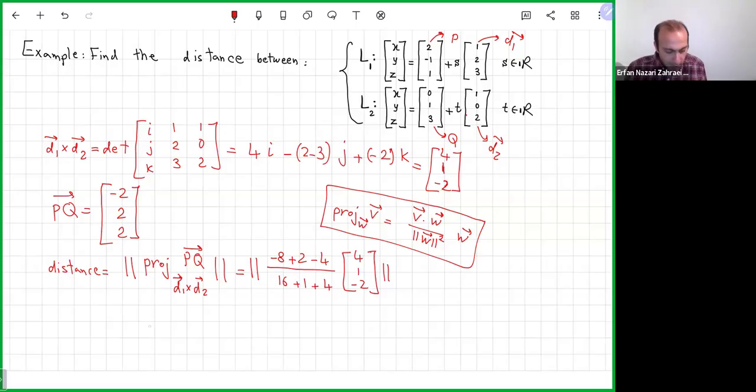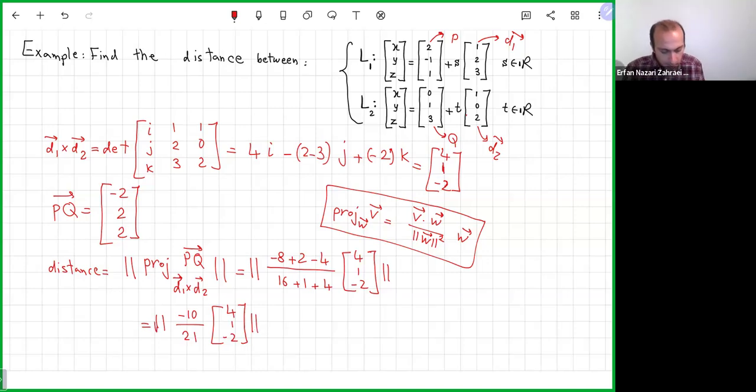Okay, good. Now I compute the length. First simplifying this, you get negative 10. Simplifying this, you get 21. And now consider the length of this. Let me first write it and then distribute the length.